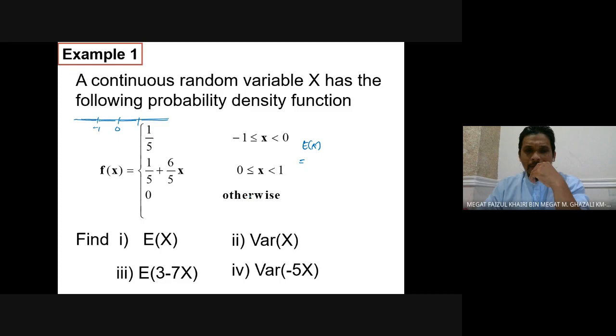Then E[X] equals the integral of x multiplied with the first one here, 1/5 dx, from -1 until 0, plus from 0 until 1 of x multiplied with (1/5 + 6/5 x) dx, to find the expected value of x.